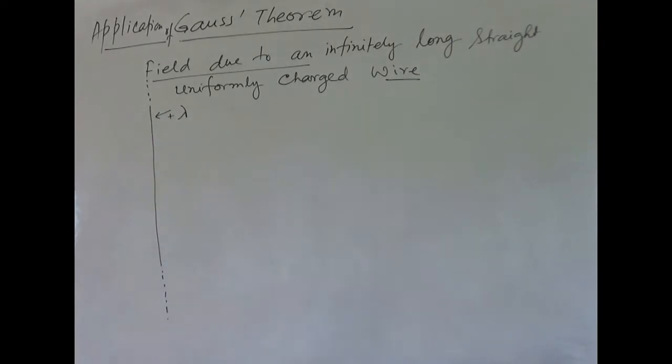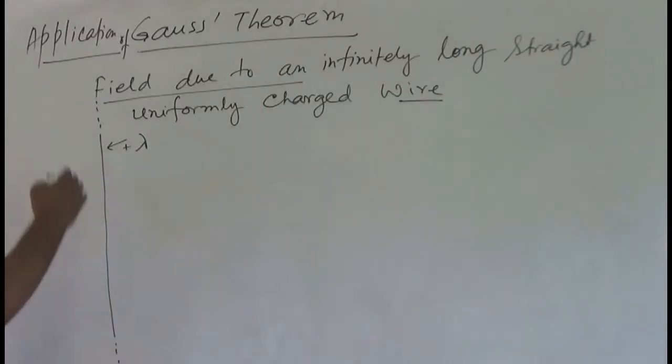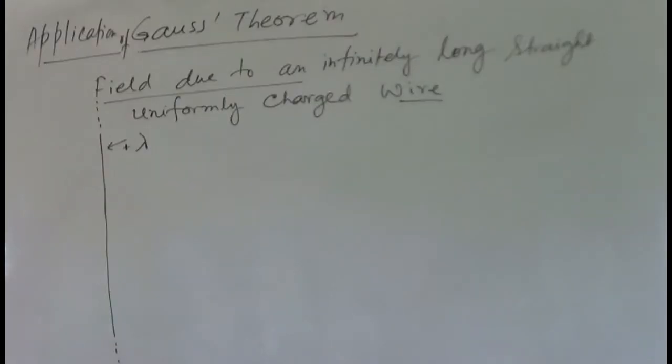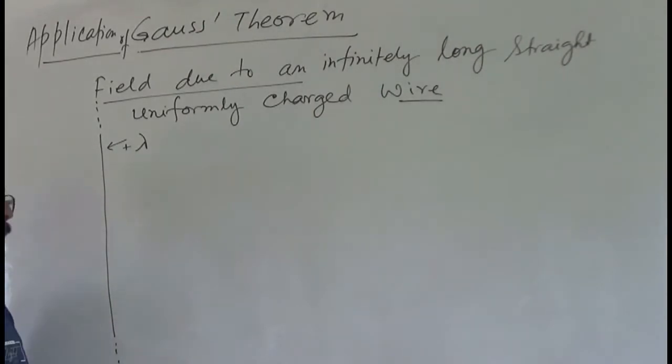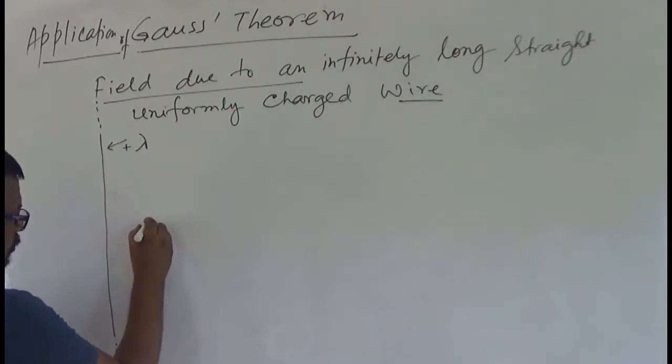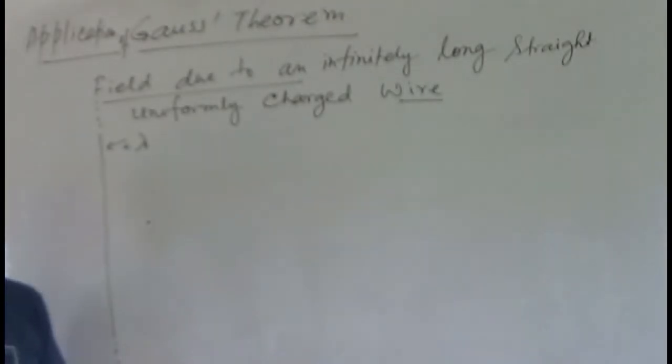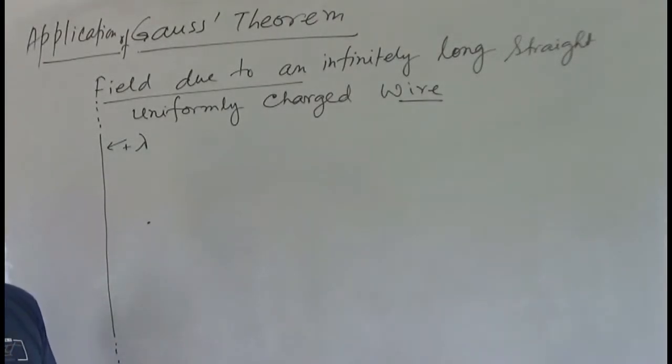Now the wire is symmetrical about its axis. Since this is infinitely extended, then you can say that field at any point near the wire will only depend on the distance from the wire, and it will be directed away from the wire.